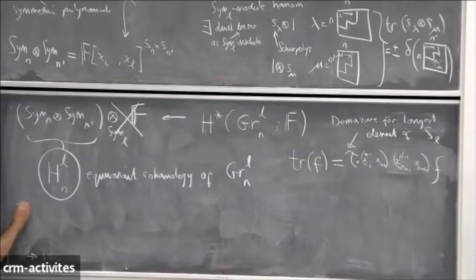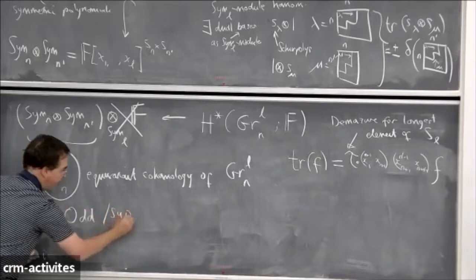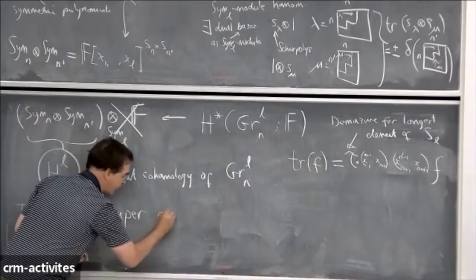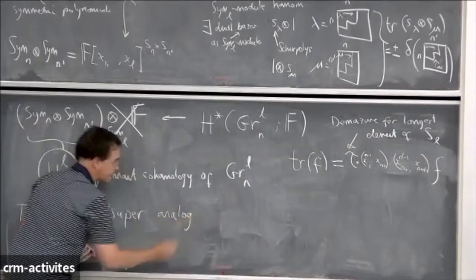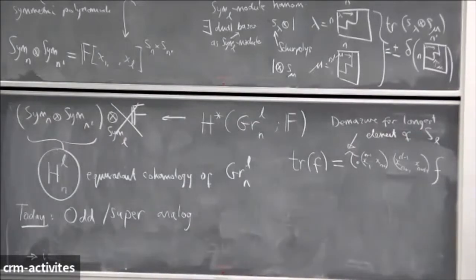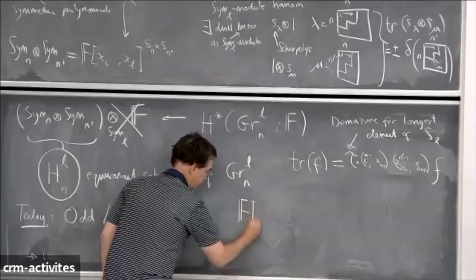So what I want to do is talk about an odd, or super, analog of this. I use the two words interchangeably. Some people don't like the word super and prefer the word odd, and it depends what you are.